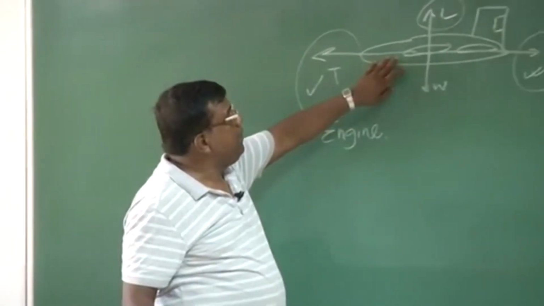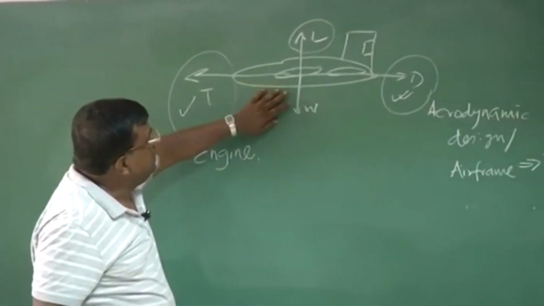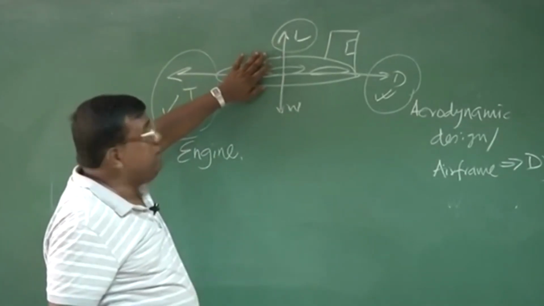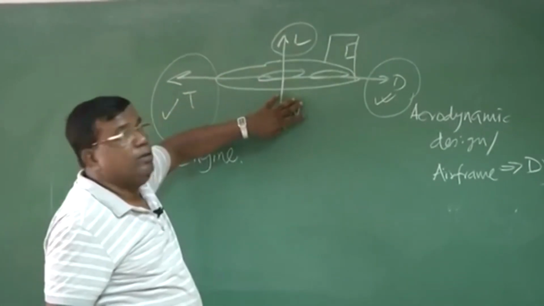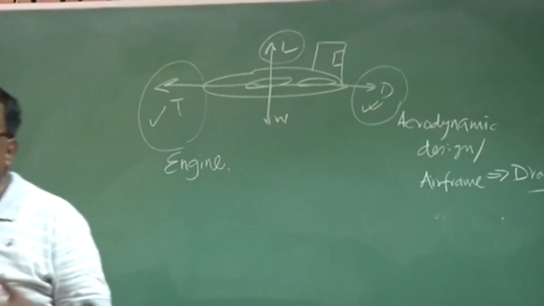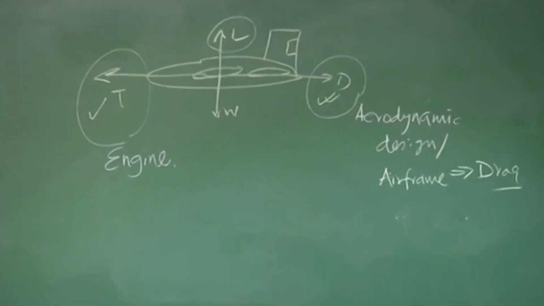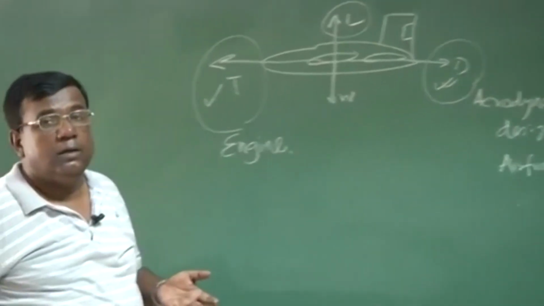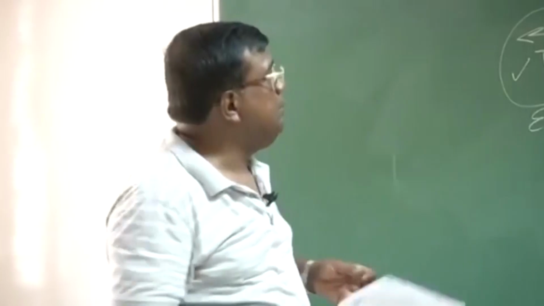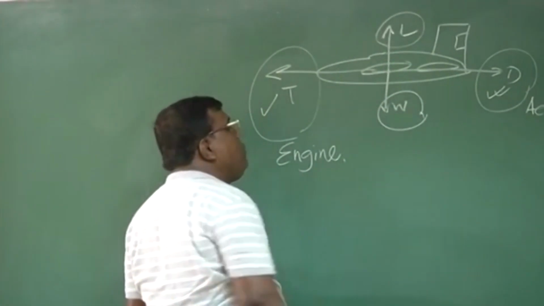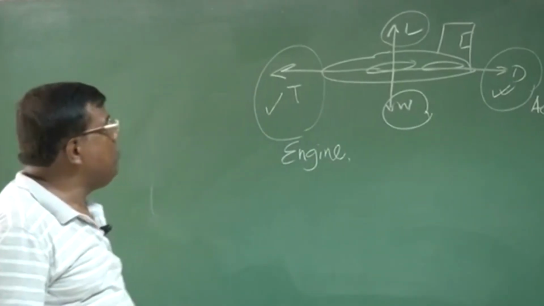See, in cruise, my aim is I must fly at a speed such that the lift is good enough to balance the weight. So if we go on increasing the weight, then generating that lift to balance the weight will also be demanding, and we may not be able to fly at that speed to really balance the weight. So we have to be very careful when we are deciding on the weight, even at cruise conditions.